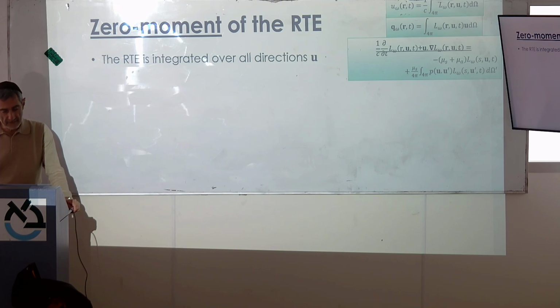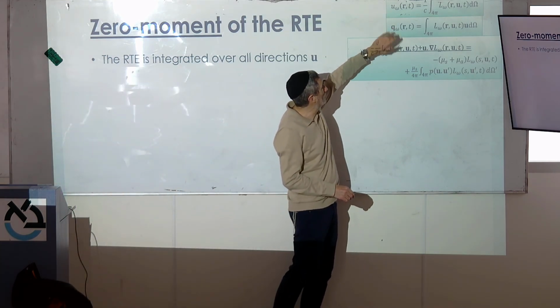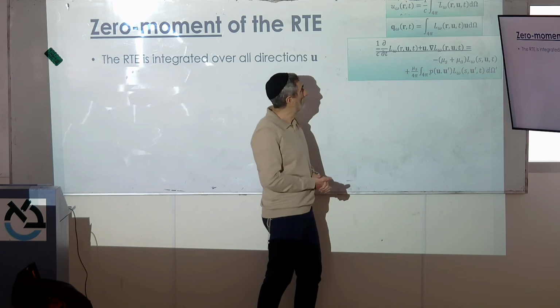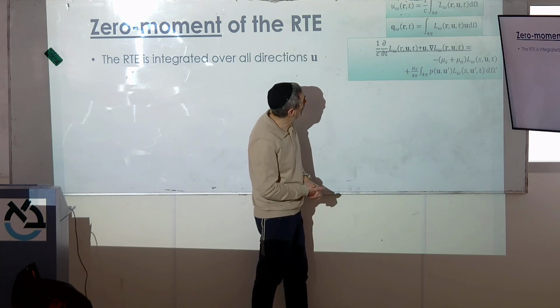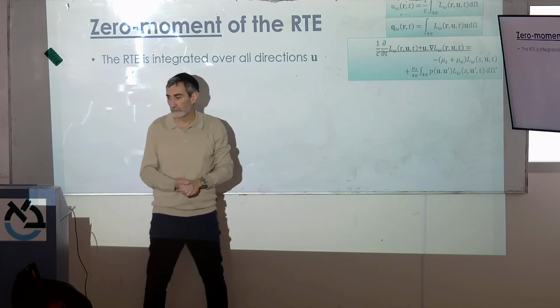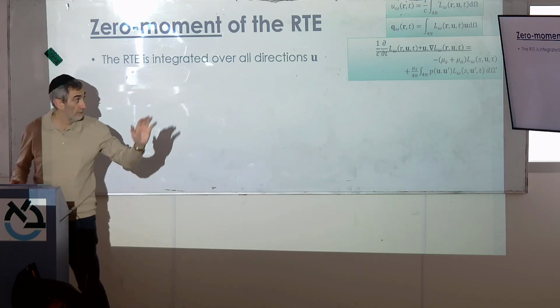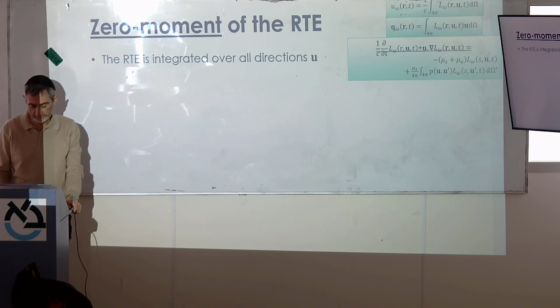Okay. So let's start with the zero moment. That's the simpler thing to do. Okay. So just for you to have it in mind, I put here the energy density, the flux vector, and this is the radiative transfer equation, just to have it on the same slide.